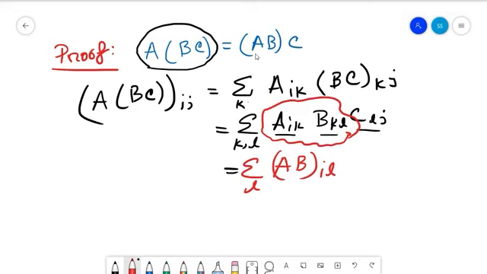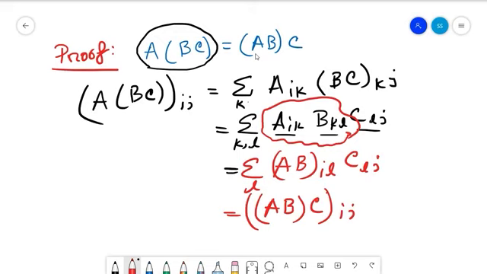And from this side you just have C_lj. And now again you just sum over the l index. So finally you have (AB)C of ij, right? But this is equal to just A times BC of ij. And this is true for each and every i and j.